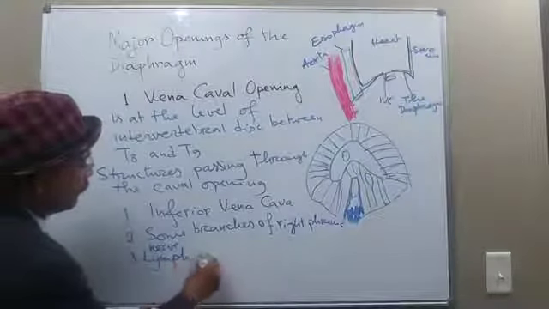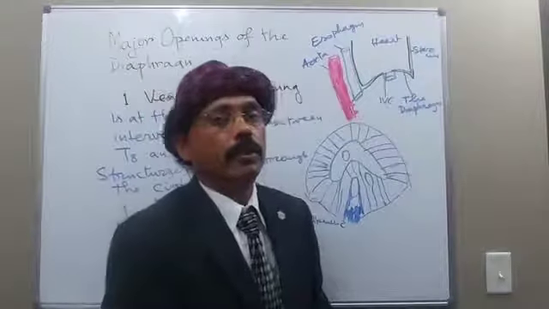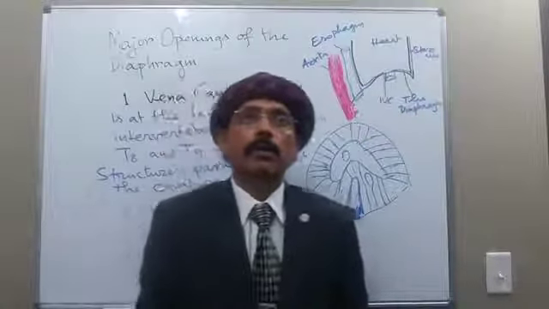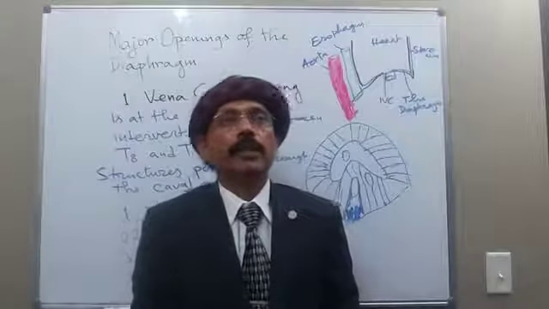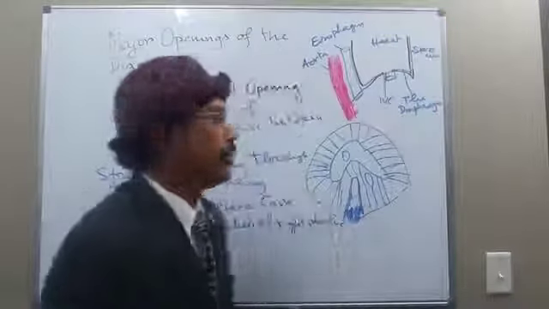Lymph vessels from the liver going to the middle phrenic and mediastinal lymph nodes.